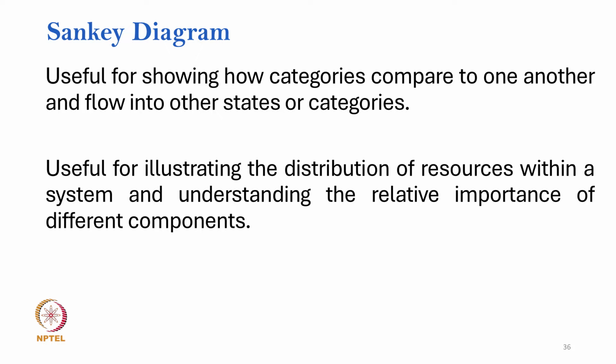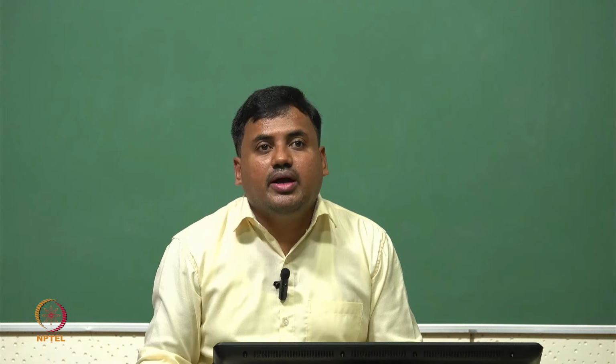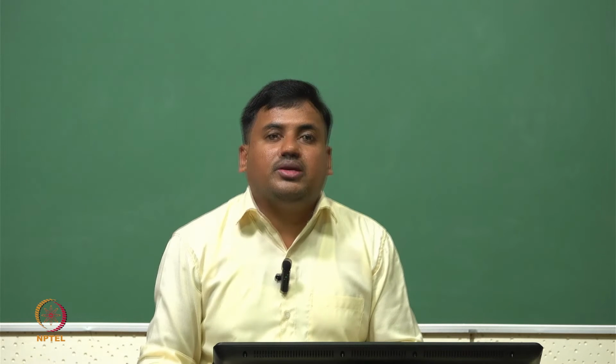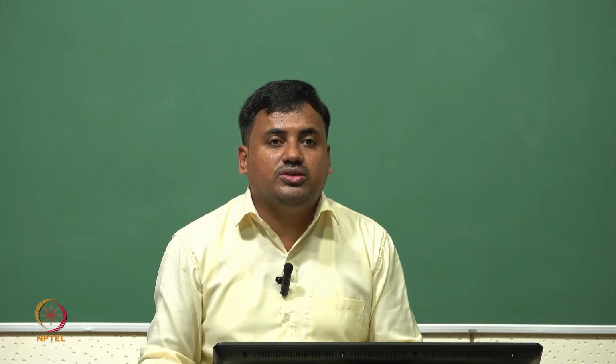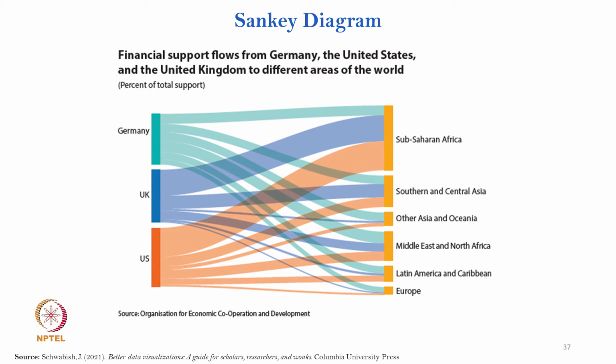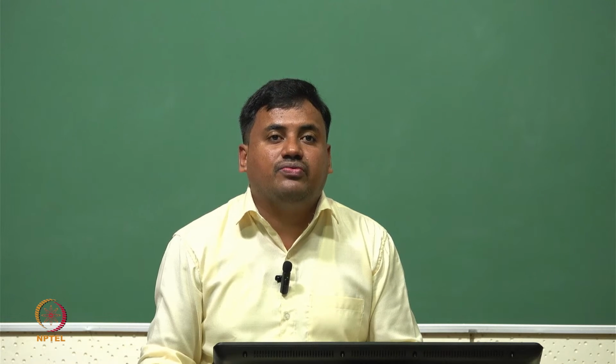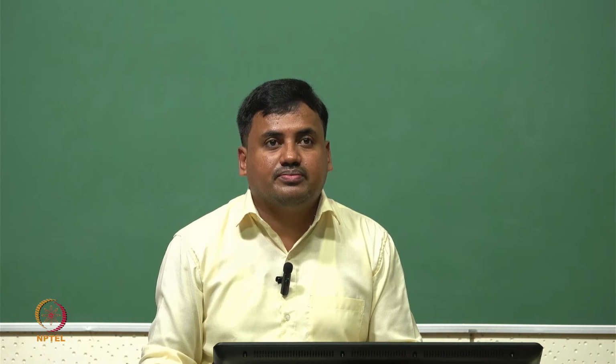Sankey diagrams. This type of chart is especially used for showing how categories compare to one another and flow into each other. It is particularly useful for illustrating the distribution of resources within a system and understanding the relative importance of different components.